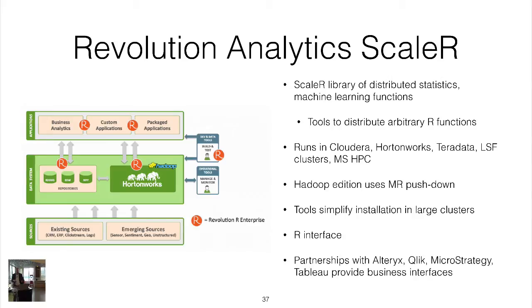Last November, we released a version of ScaleR that runs in Hadoop, in Cloudera and Hortonworks. In addition to a library of distributed statistics and machine learning, it includes tools that will enable you to parallelize an arbitrary R function, such as a CRAN package. It uses MapReduce push-down, which again is stable but slow.